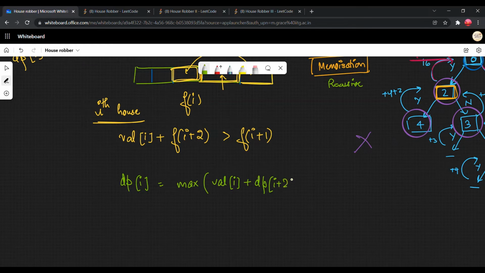I'm calling this dp just because it's dynamic programming. I could have named the array better, like max values or something, but that's okay. And dp of I plus 1.